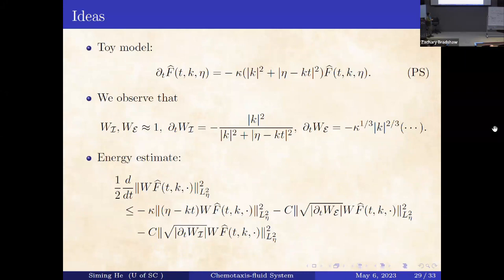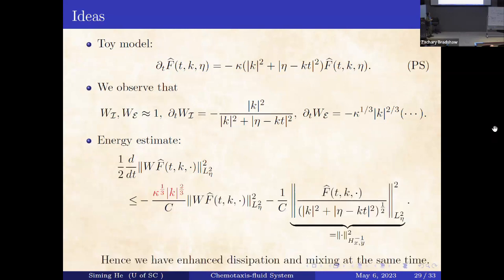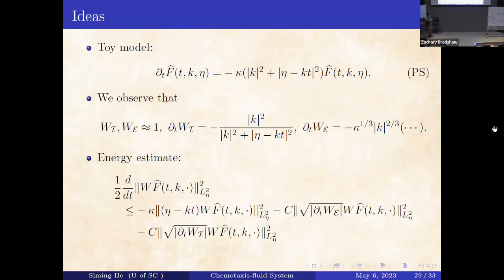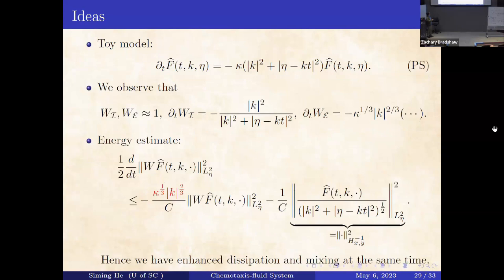And now if you just plug in these two expressions, when you combine these two terms together, you have a nice term. So for the first term, it tells you that the L2 norm is decaying with rate kappa to the 1/3, k to the 2/3. Very nice. Okay, so sharp enhanced dissipation rate.